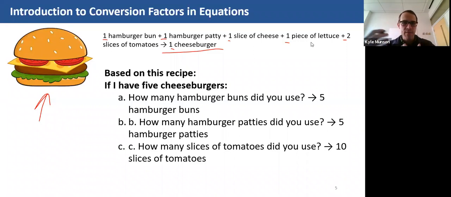Well, you use 5 because it's a 1-to-1 relationship. How many patties did you use? Again, you use 5. How many slices of tomatoes did you use? Well, in that case, you're going to use 10 because there's 2 slices of tomato per cheeseburger and you made 5 of them, right? So this is a simple example to give you the idea of what we mean by using these coefficients to convert between moles of one thing to moles of another thing. It's the same concept as with this cheeseburger.